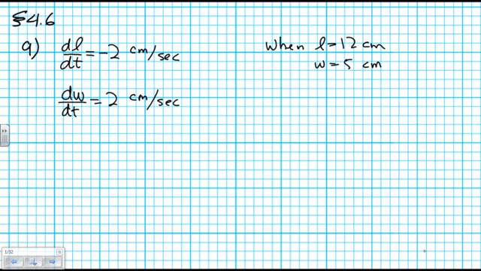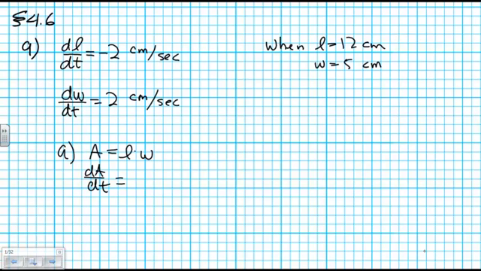Okay, well, in part A, where we're doing area, we always have to start with the equation, and then we have to take the derivative of that equation. So let's say the area of the rectangle is L times W. Now let's take the derivative of both sides of that. On the left-hand side, it's going to be dA/dt.